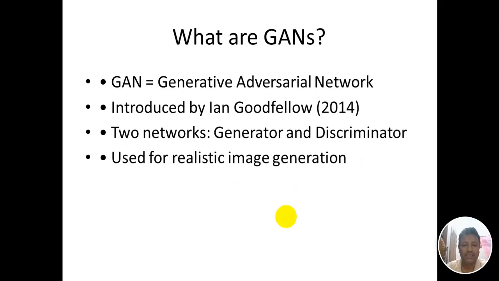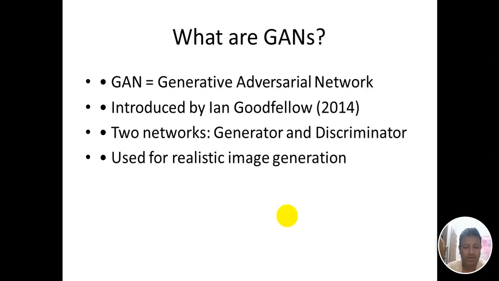So what are GANs? GANs means generative adversarial networks, as I have told you before. It has two networks, the generator and the discriminator, as we have seen in the pictures. GANs are used for realistic image generation, not only of composite materials but any kind of realistic image.